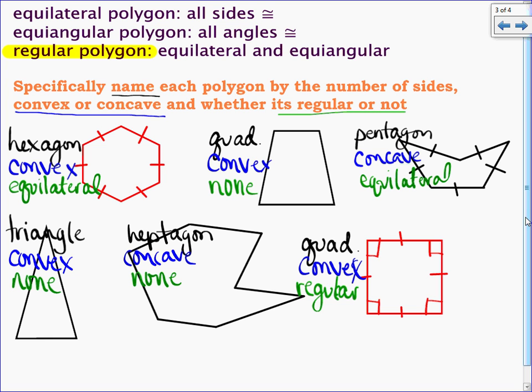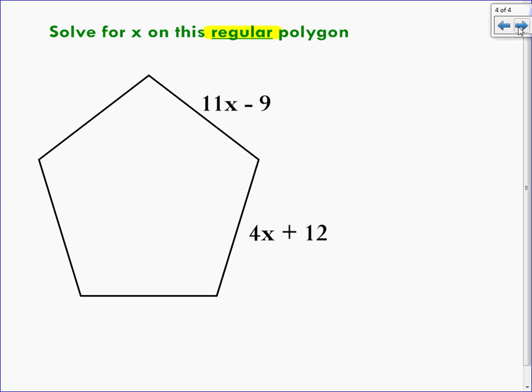In the directions, they may tell you that a polygon is regular. They're not going to have any marks on the picture. They're going to assume that you know what regular means. Regular means all sides are equal and all angles are equal. So let's put that on the picture because they told us that this is a regular polygon.